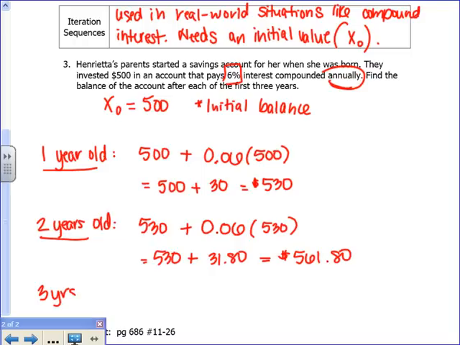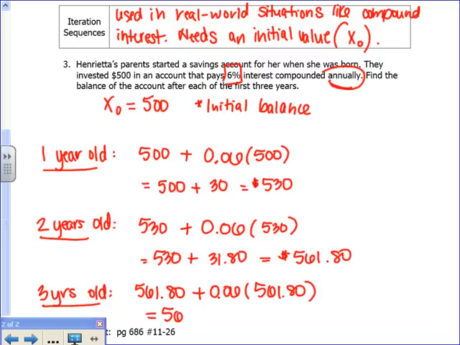How about 3 years old? Last one, right? We could keep doing this and keep doing this, but they just want the first 3 years. So $561.80, and we're going to add again a 6% increase, so $561.80, changing those two numbers, multiplying together, 0.06 times 561.80.